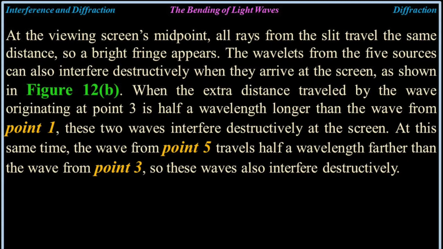When the extra distance traveled by the wave originating at point 3 is half a wavelength longer than the wave from point 1, these two waves interfere destructively at the screen. At this same time, the wave from point 5 travels half a wavelength farther than the wave from point 3, so these waves also interfere destructively.